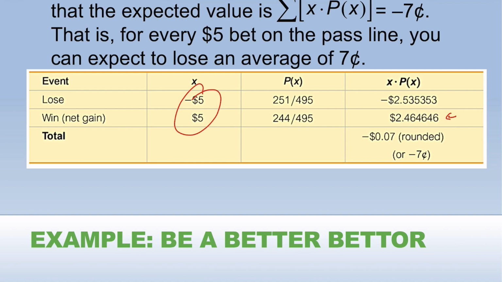And then negative 2.53 plus 2.46. Oh, that's funny. Yeah, I get 7 cents.